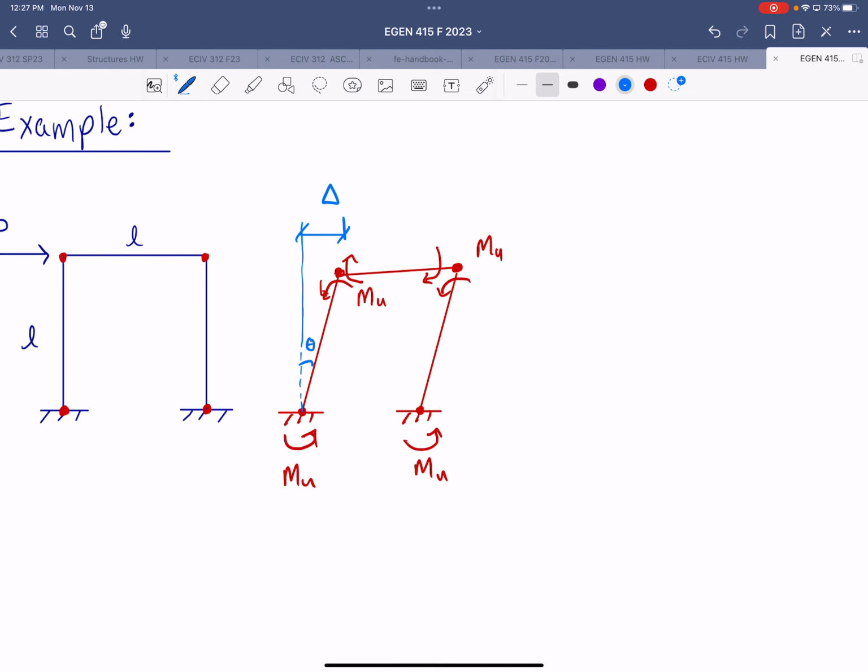And if we say the angle of sway is theta, then delta is equal to theta times L. So we have our thetas noted on here, and that's going to be the same on the other side.